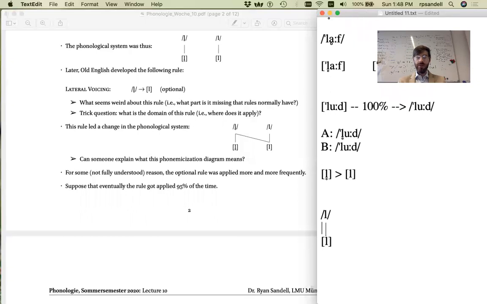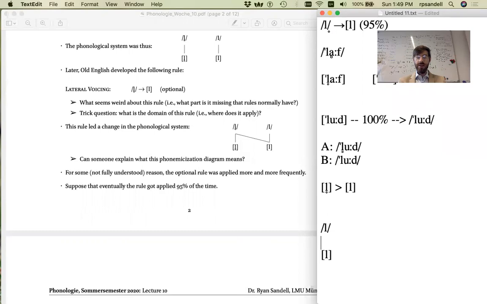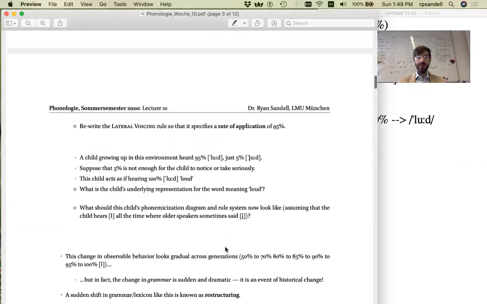The child has no reason to think that it has heard anything different. So in a real sense, it would also be correct to say that there was a phonemic change whereby all instances of the underlying phoneme with a voiceless lateral approximant have changed into an underlying voiced lateral approximant.